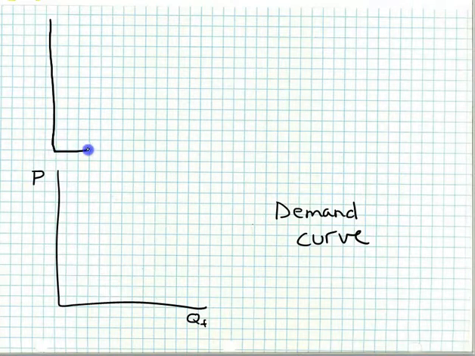How can I derive a demand curve from a preference map? Well, quantity of food, quantity of other goods.